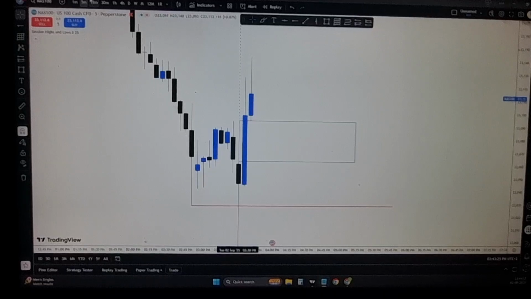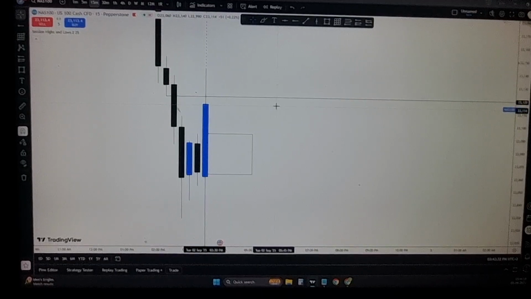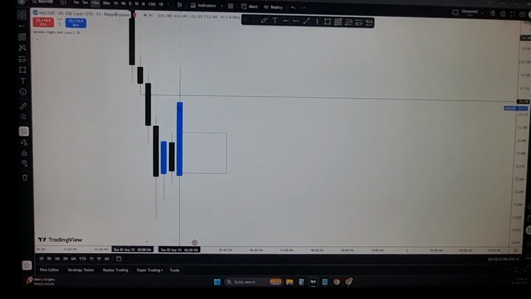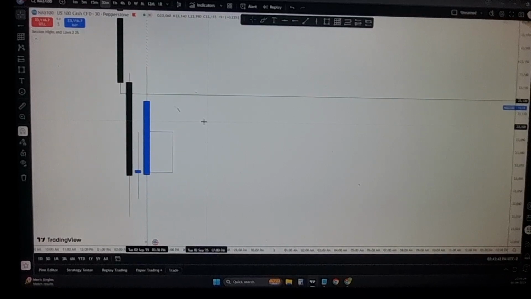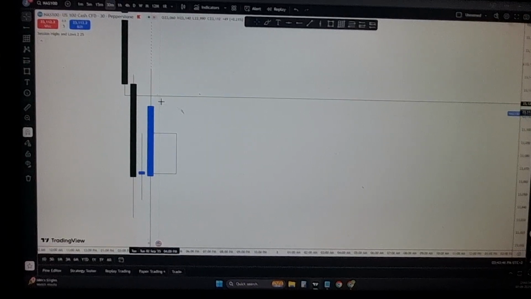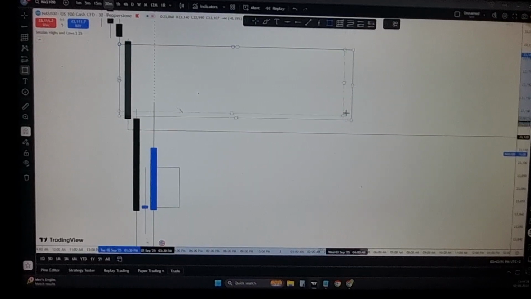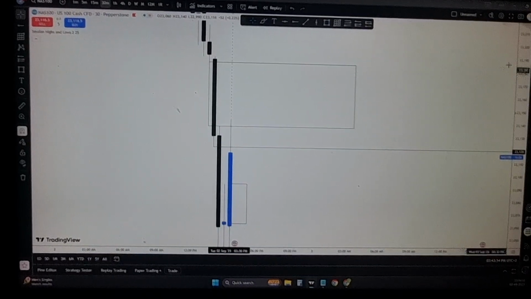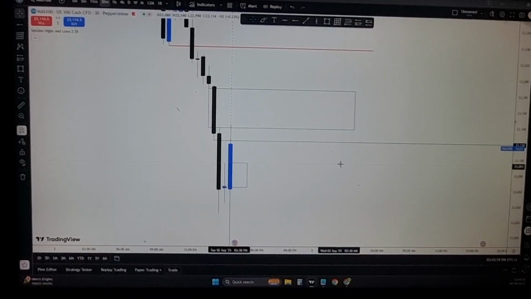Okay, we also want to see how the 15-minute closes, because we do want to inverse this gap if it's possible. If we could inverse that gap, that would be a yes, but we are respecting this 30-minute fair value gap over here. So we just gotta stay patient.